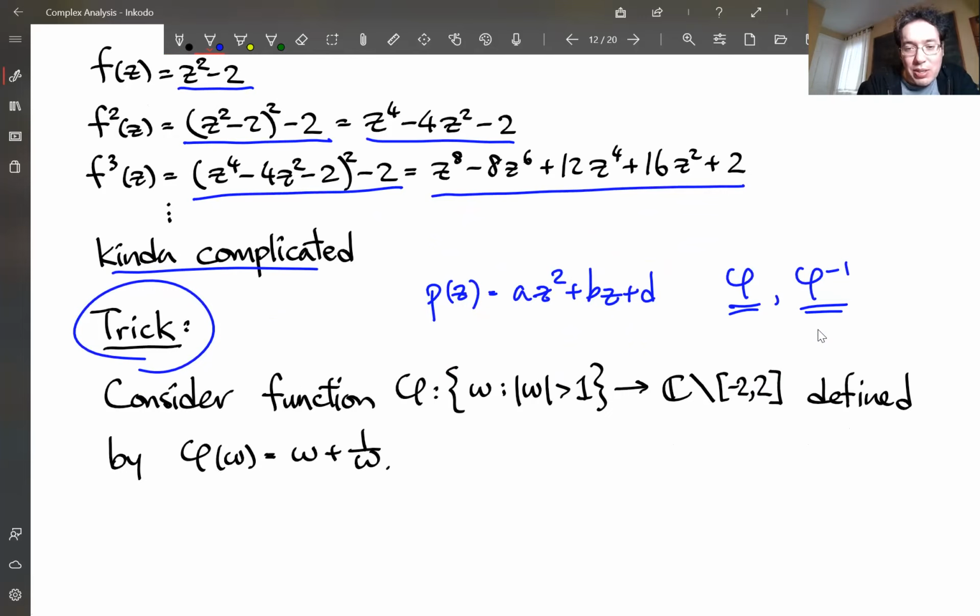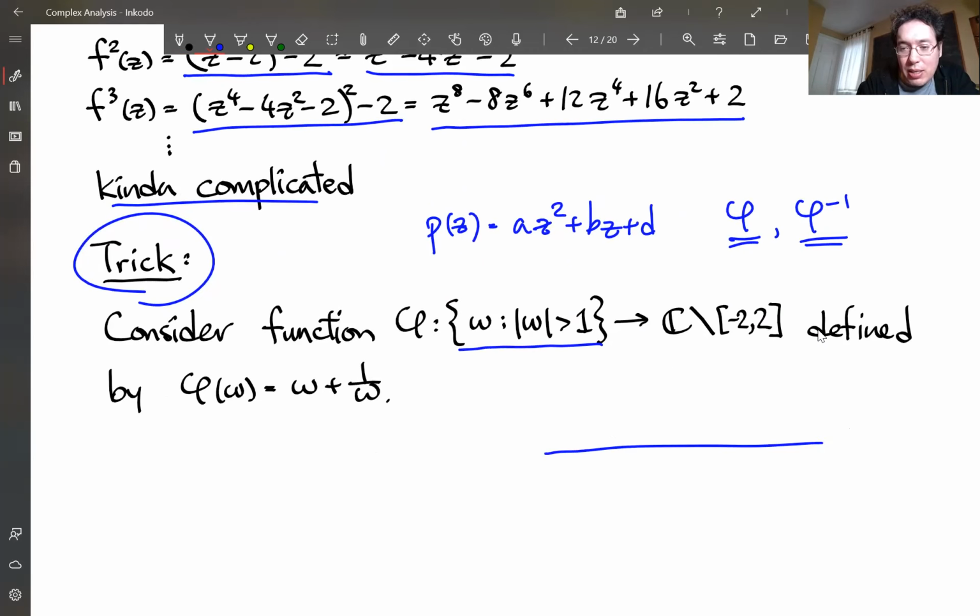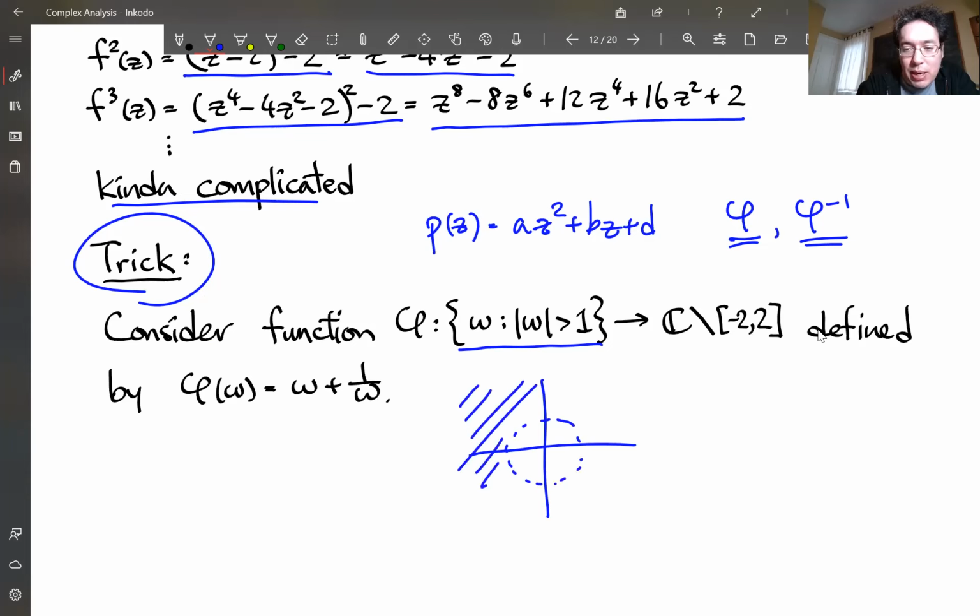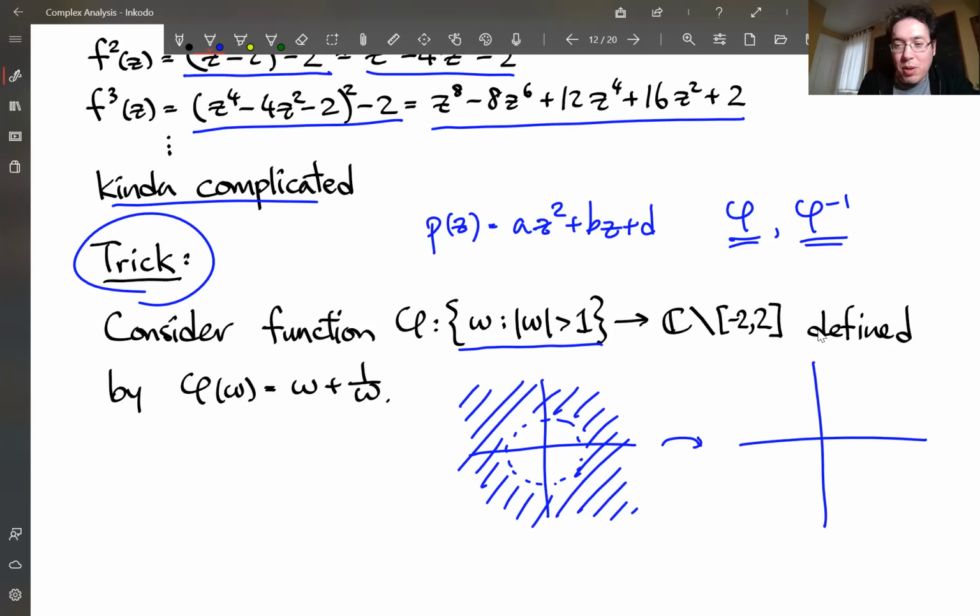Okay, so we're going to use this function phi. We're going to look at the domain of outside of the unit circle, so almost all the complex plane except inside of the unit circle. And we're going to map to almost all of the complex plane except for the interval between -2 and +2 on the real axis.